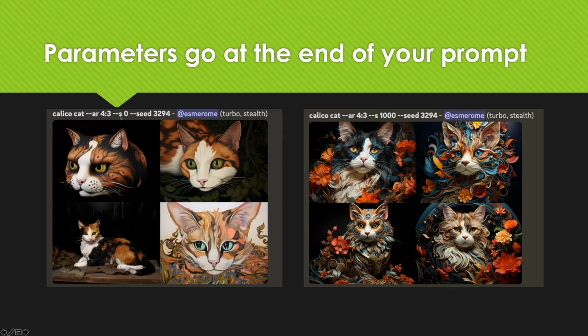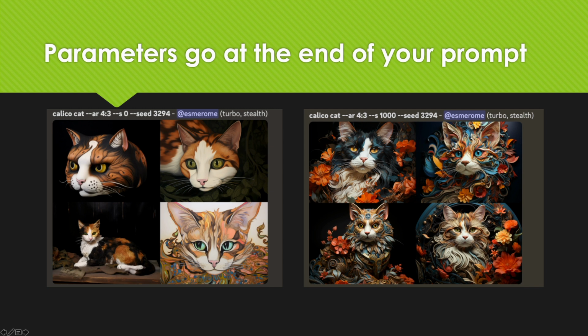And then --s 0. The s means the seed, or no, excuse me, I misspoke. S is for stylization. And then --seed, S-E-E-D, this is the seed. In both of these images we're using the seed 3294, and you can use essentially any random number as a seed.